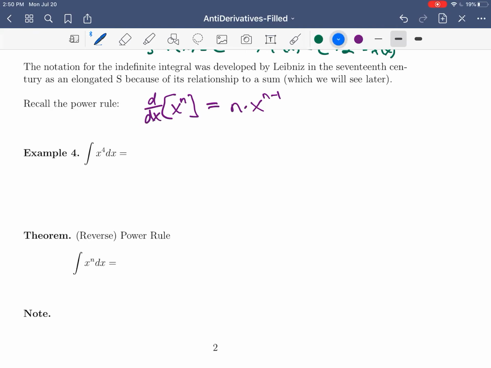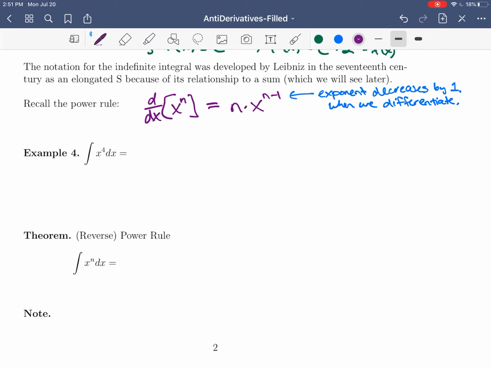Notice that our exponent decreases by 1 when we take the derivative. So what that means is that when we want to take the antiderivative, we want to do the opposite. So probably our function has to come from a power that's 1 bigger.